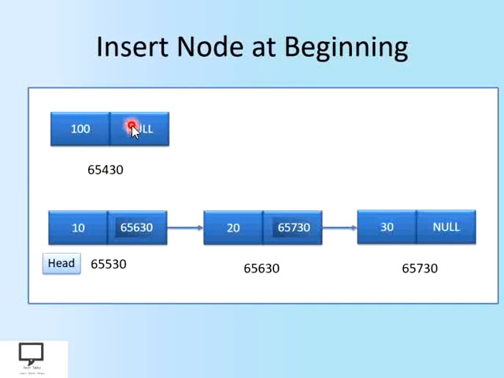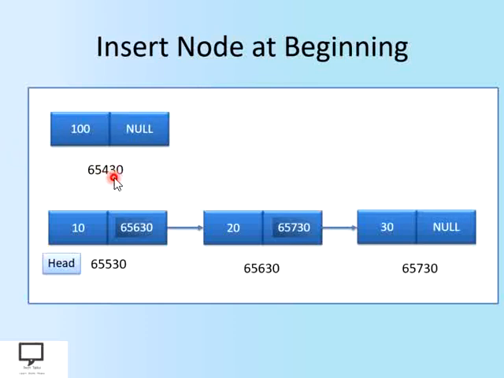While allocating a memory, you are supposed to assign the data part the desired information. Now let's consider I am storing the information 100 in its data part, and by default initially you have to initialize the next field to null to indicate that this is the node which is not having any next node, or which is not linked with any other node, because this is only the beginning. So that's why I have created a node.